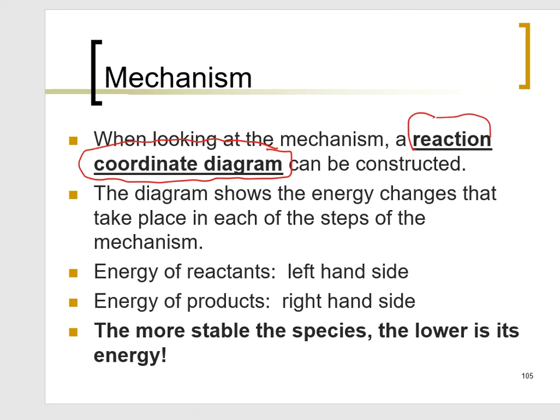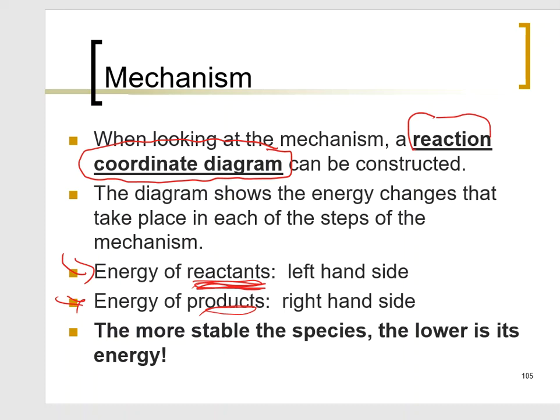So in the reaction coordinate diagrams, there's always a template that we do: on the left-hand side, we're going to have reactants, and on the right-hand side, we're going to have products. And there's a bold statement at the very bottom that says the more stable the species is, the lower the energy is going to be. This is something we have to keep in mind.